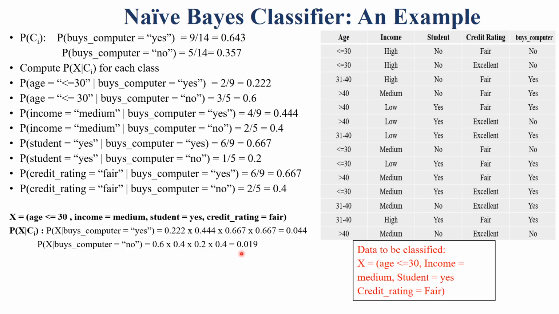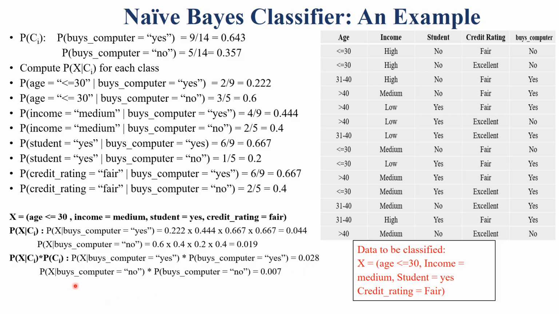It's 0.019. Now we need to compute the product of probability of Ci and probability of x given Ci. When we are finding the product for the first class label buys computer equal to yes, the probability is 0.028. Then for the second class buys computer equal to no, the probability is 0.007.